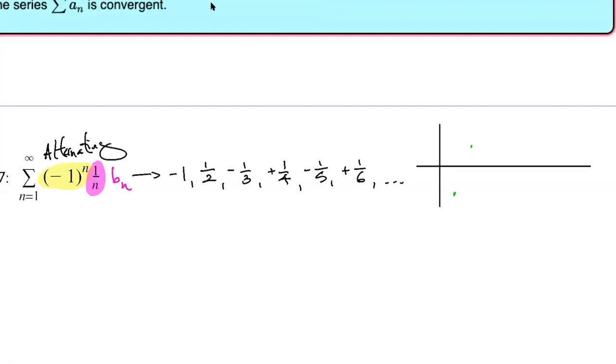So I'm going to plot a few of these points. The bottom green point is -1. The top one is 1/2. Then it's at -1/3, and then +1/4, and then -1/5, then +1/6. Exactly.